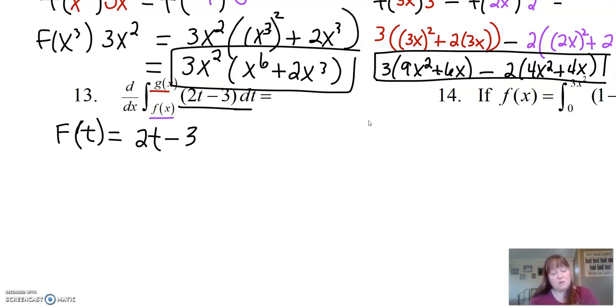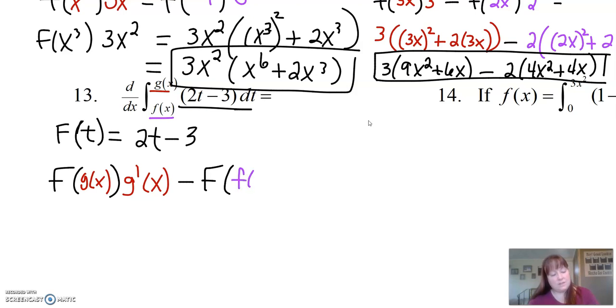We have big F of v, which is g of x, times the derivative of g of x, which we don't know, so we write g prime of x, minus f of x times the derivative of f of x, which is f prime of x.